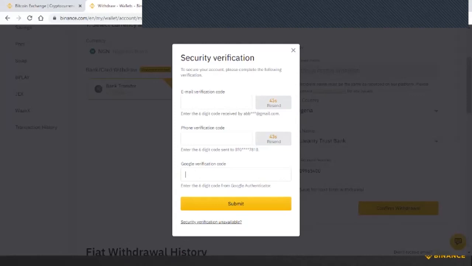So you can see that to withdraw money, there's a lot of security on your account, so that people cannot hack into your account.